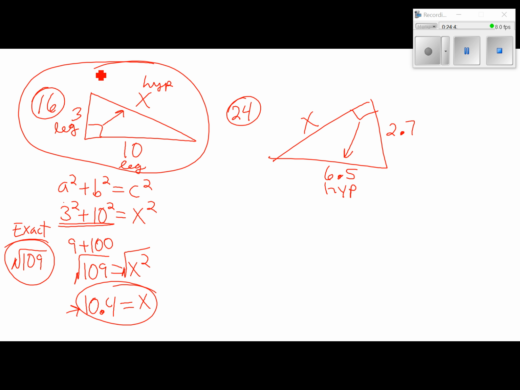So here, our a, we're going to let that be 2.7. That's one of the legs. This is the other leg. So it's 2.7 squared plus x squared equals 6.5 squared. If you do all this in your calculator, you could just move this 2.7 over to the other side, subtract it off, and it would work out.